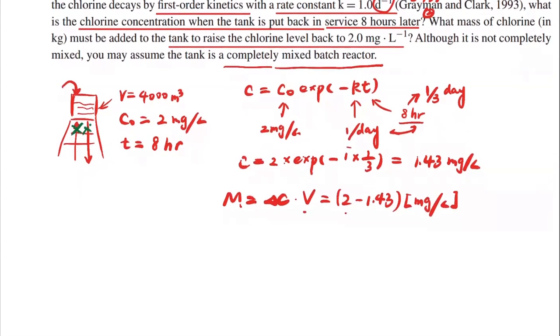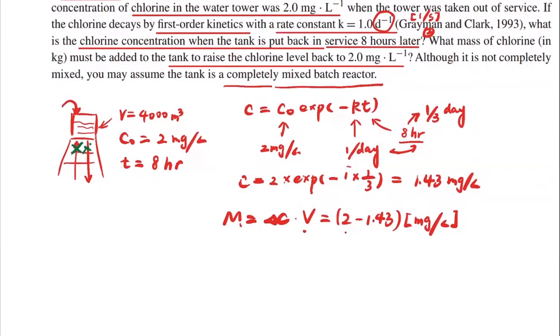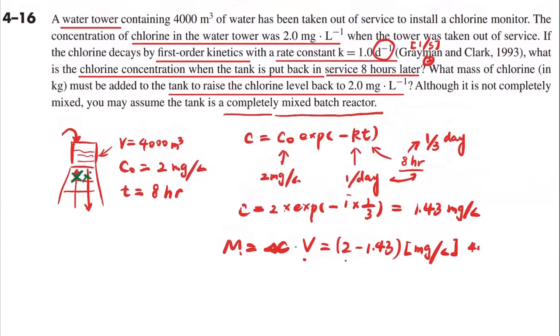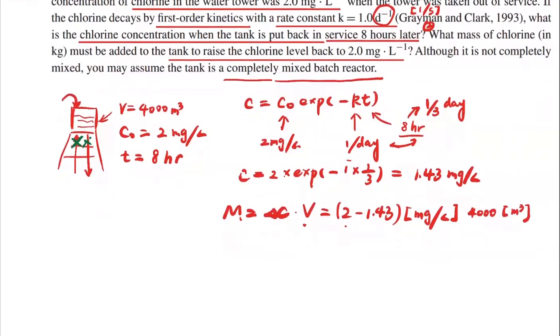So we need to multiply the volume, which is 4,000, right? But this has a unit of meter cubed, so we need to convert everything into the same unit.